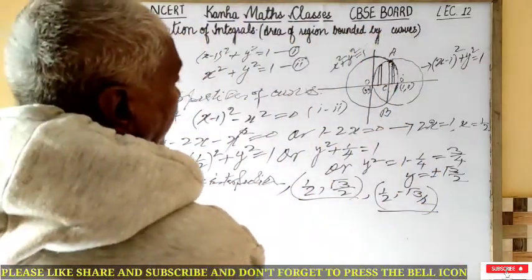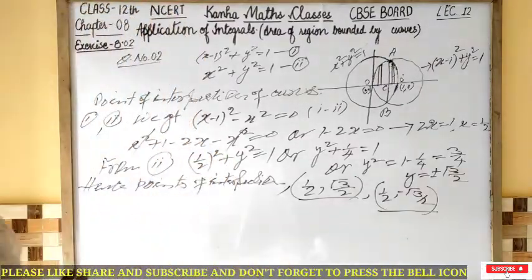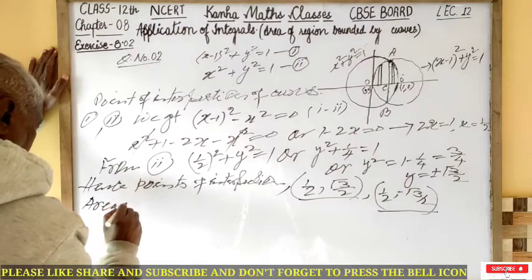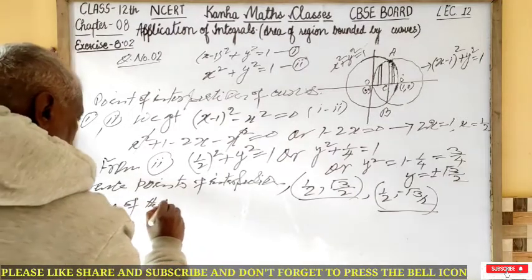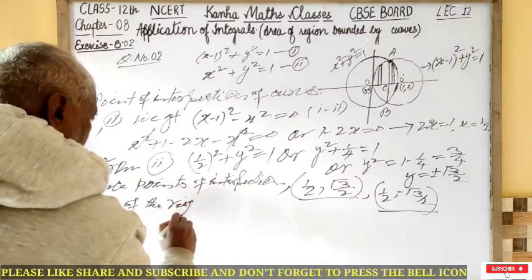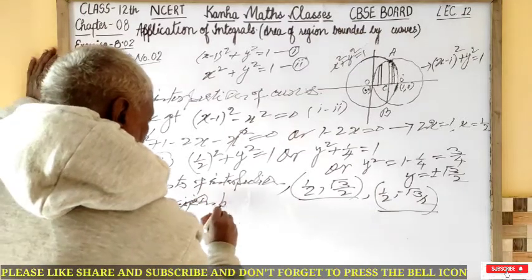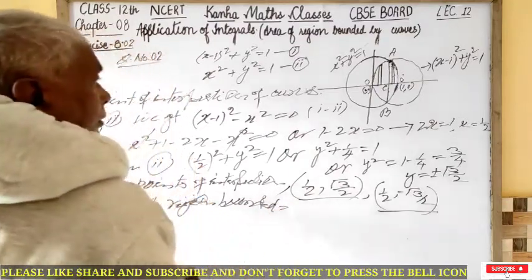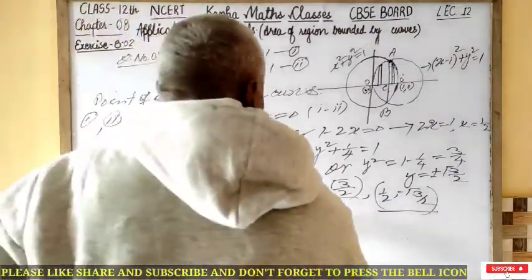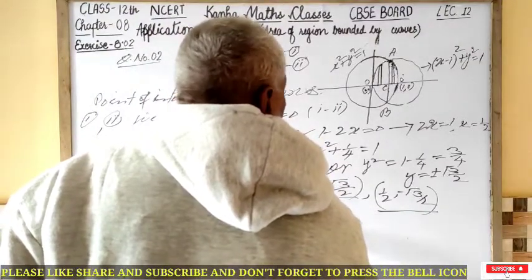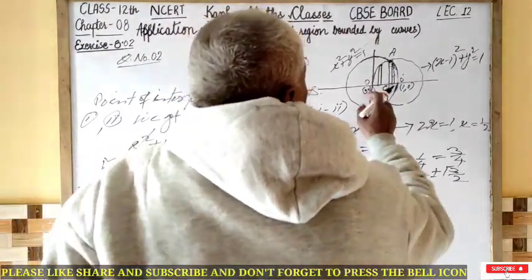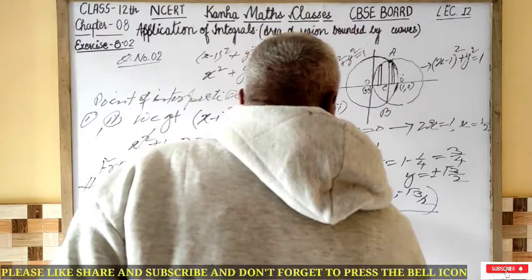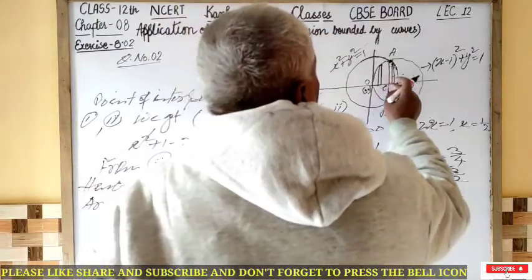Now we have to find out the area of the region bounded. Area of the region bounded is equal to 2 times area OCAO plus COAC.